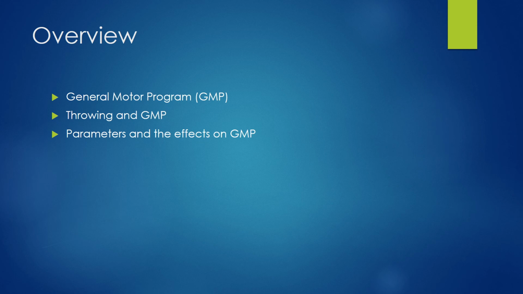And then we'll go into some videos showing my friends demonstrating throwing a football versus throwing a baseball. And then finally we'll discuss the parameters that help affect the GMP. We'll be going over 4 different topics, and so here we go.